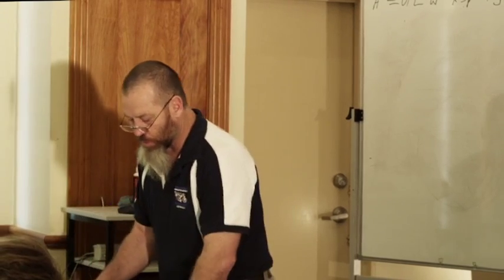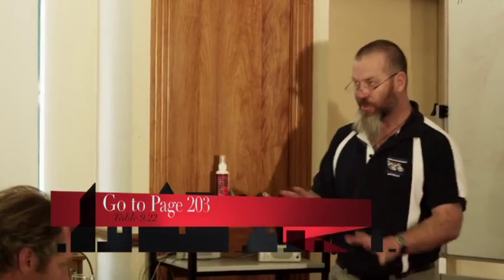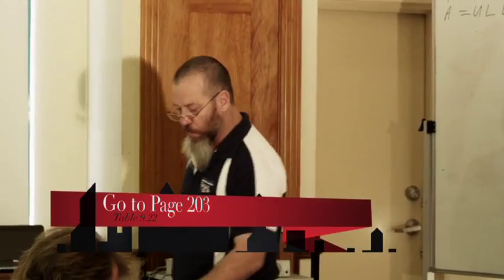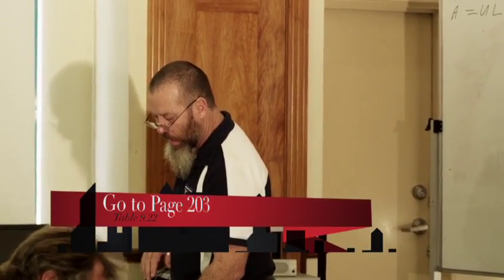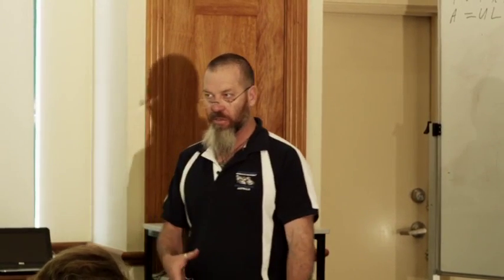Table 9.22. This is a little bit of a trick that I want to bring to your attention. Not a trick, a trap. Table 9.22, the heading reads, uplift capacity of rafter tie-down connections. So because I'm a poor simple builder and I don't want to go any further and read any more of that, what I'm going to do is use that to tie my rafter to my top plates.